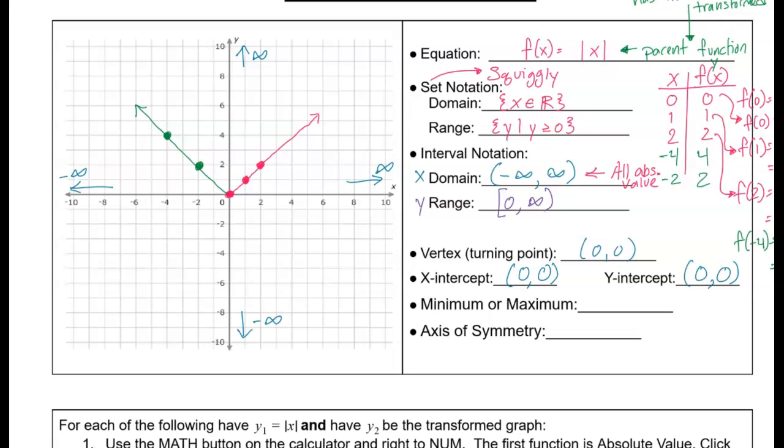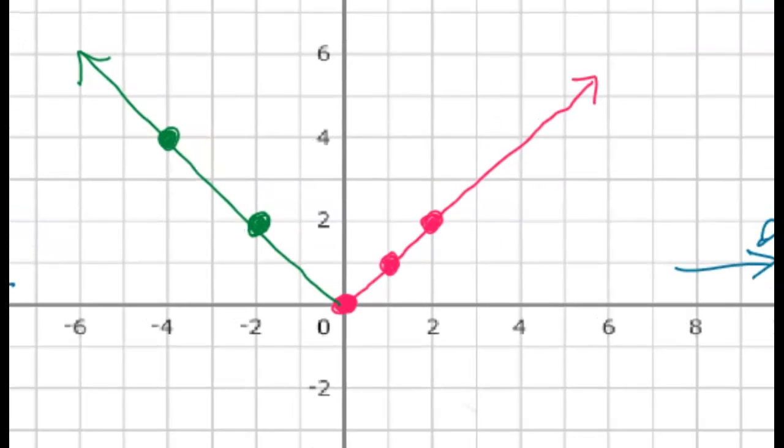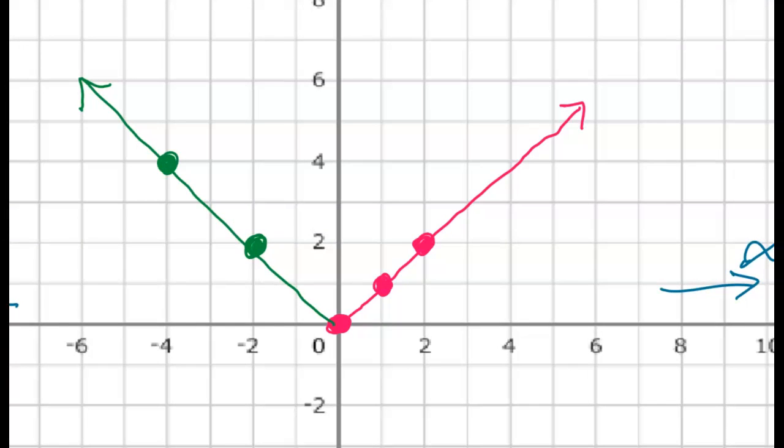So when I say on this graph, I'm just talking about my absolute value line, right? So if I'm following this, just looking at this line, does it come to a peak or does it go to a valley?